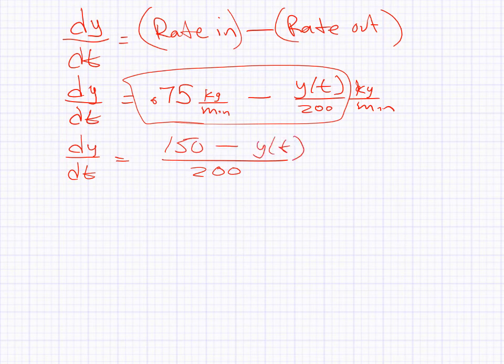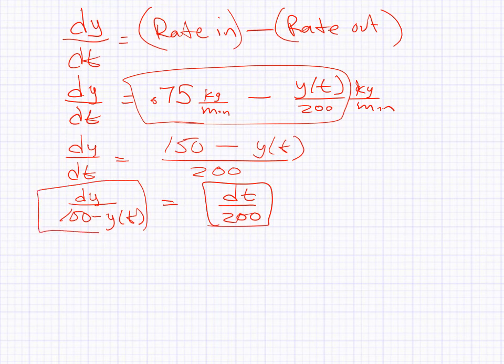I can then separate, and I basically am going to get dy over 150 minus y of t equals dt over 200. So here's my separation of variables. y is the function over here, y with dy. I integrate both sides of this to solve the separable equation.